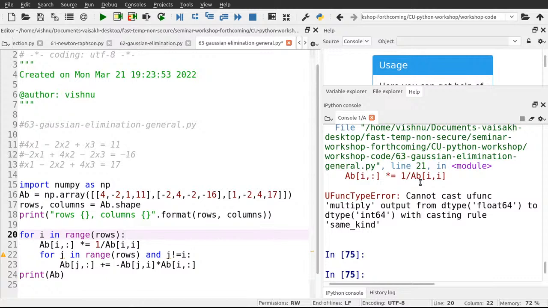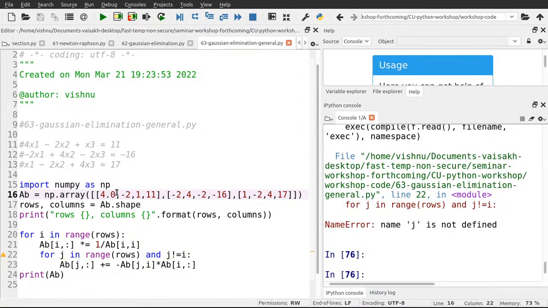What's the problem here? In numpy, maybe once again the same kind of problem. So 4.0, let's take. So to solve this issue, j is not defined. For j in range, where is this j being used? j is being used only here, right? For j in range rows and j not equal to i. Okay, maybe is it because of that?